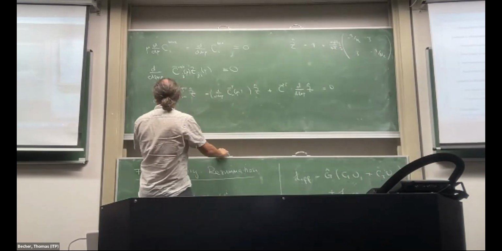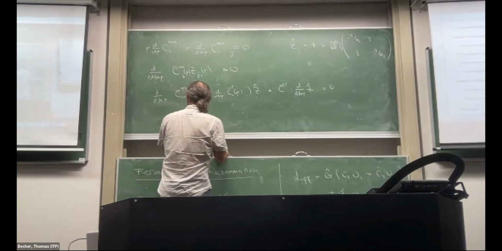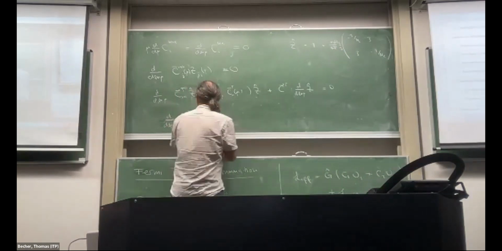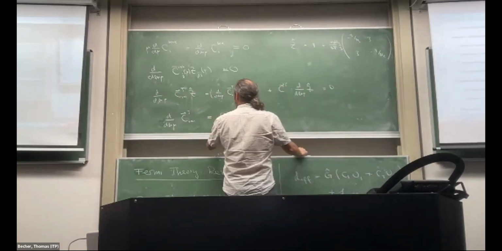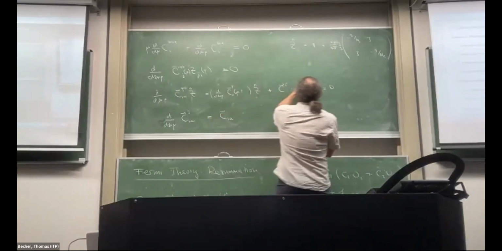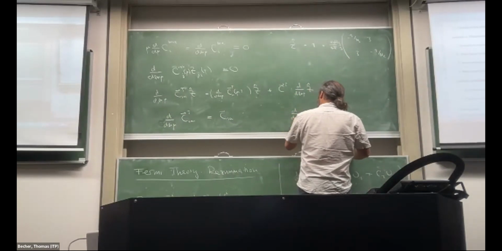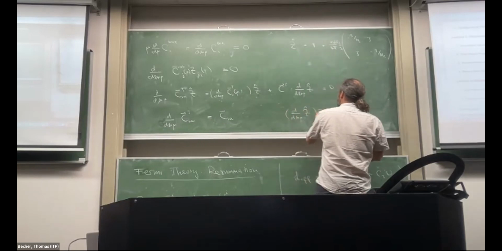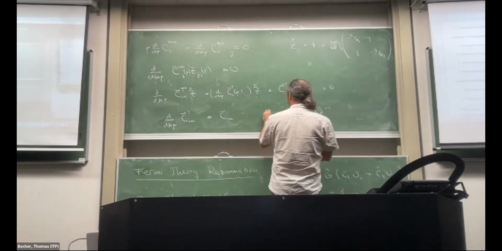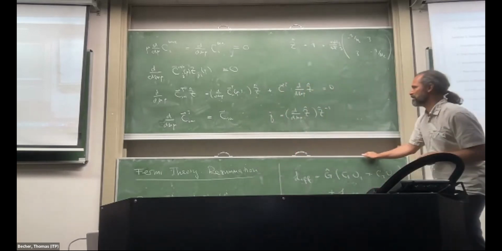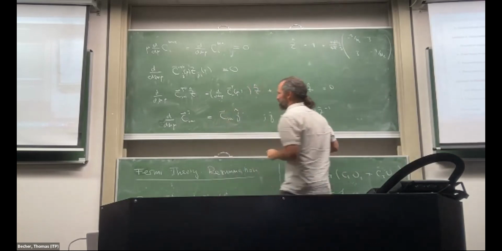So then I get the following equation: d log mu of this coefficient C is equal to the coefficient, and then there's the product of this d log mu of the matrix times the inverse of the matrix, and this is called the anomalous dimension matrix. So this is the equation here.